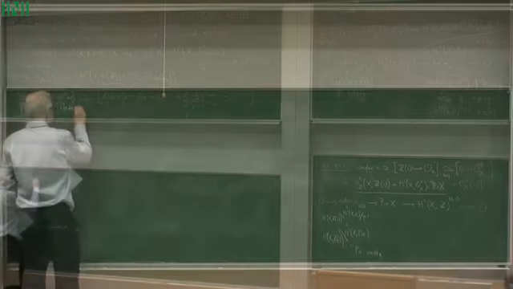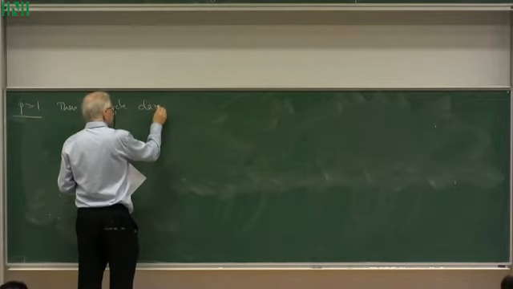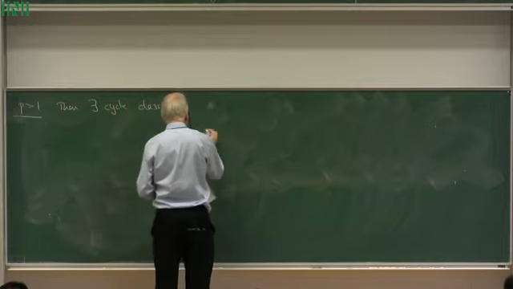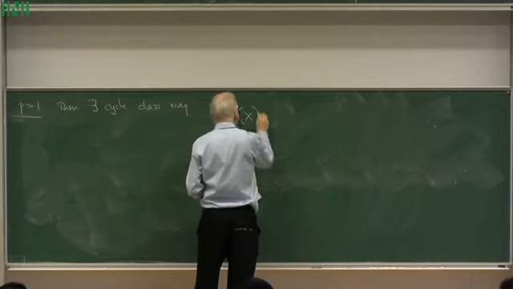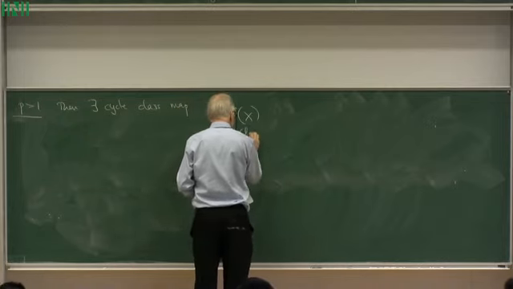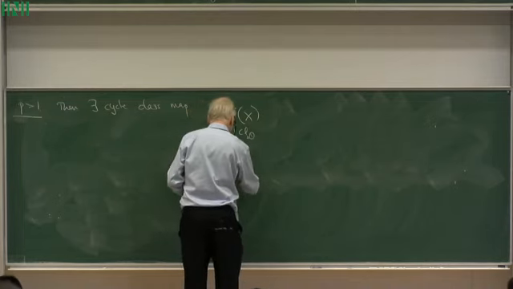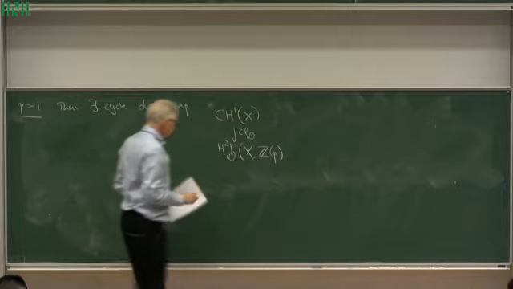Okay, so then there is a cycle class map, which I won't define. Well, CL D, let's write in a diagram here. So it will be from the Chow group of codimension p cycles to H2p Deligne with coefficients in Z(p).